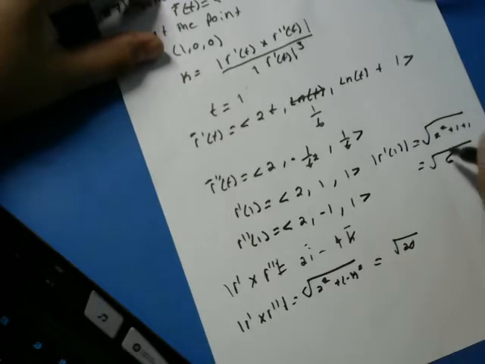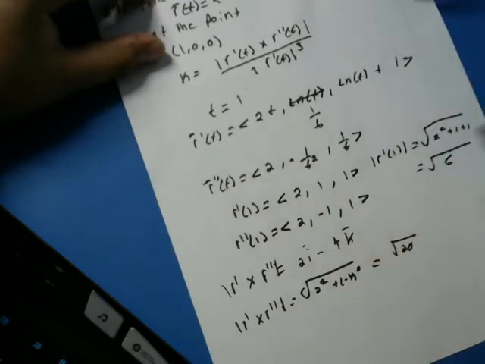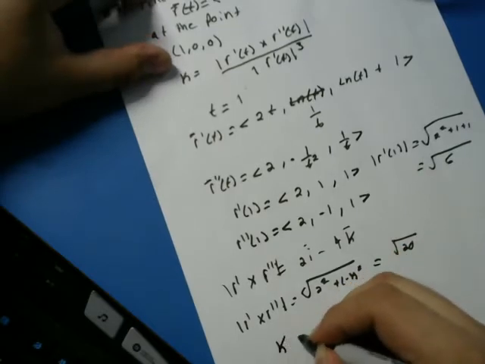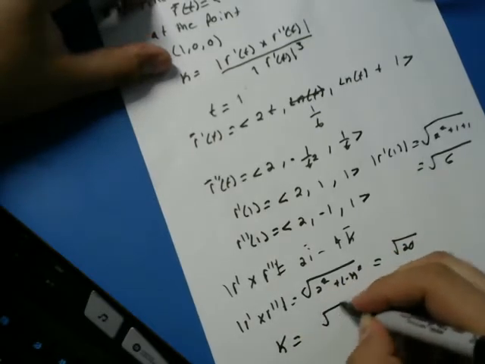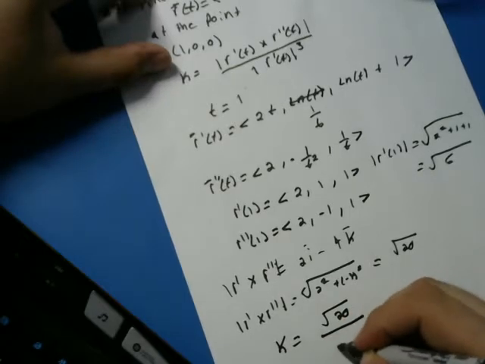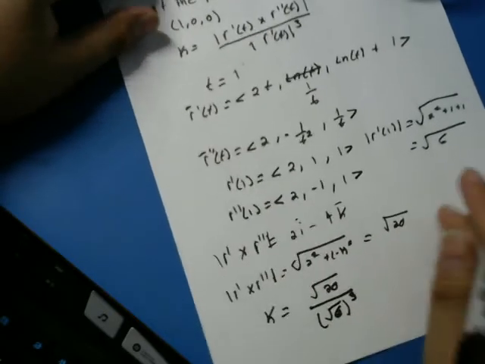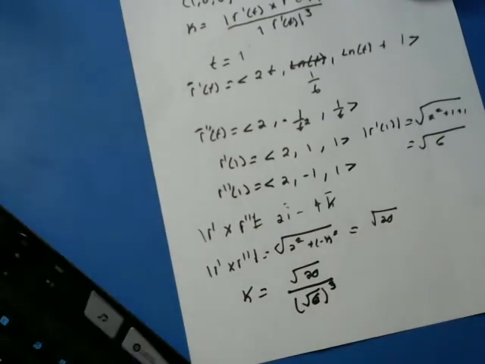So we know the magnitude of r prime, and now we just cube it. Plugging in everything we know, k is equal to root 20 all over root 6 cubed. You can go ahead and simplify that if you want. I'm just going to leave the answer as that. Simplification is just one little extra step that you can do on your own. That's the answer.